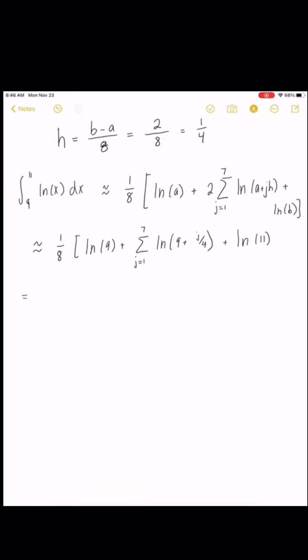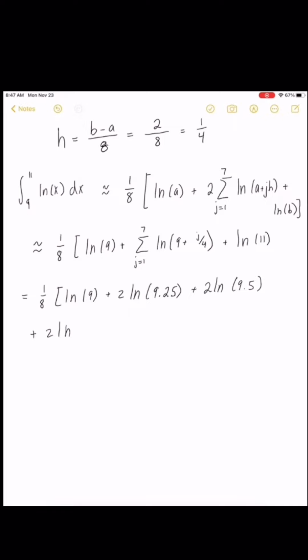So then that quantity equals 1/8 times natural log of 9 plus 2 ln of 9.25 plus 2 ln of 9.5. And once you start writing something like this out, you don't even have to pay attention to what the sum says. You're just saying, okay, I'm doing 2 times ln, and then I'm adding 1/4 each time.